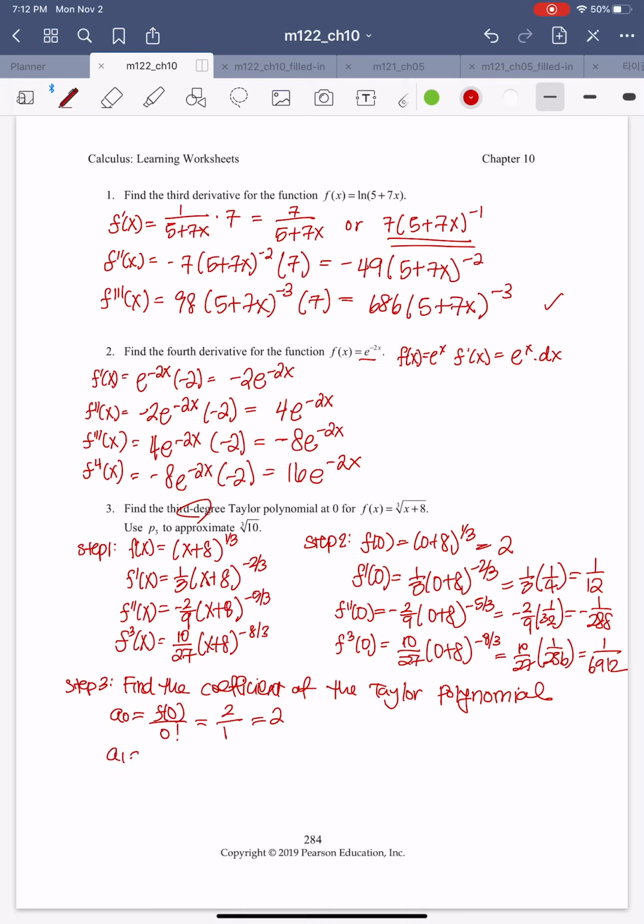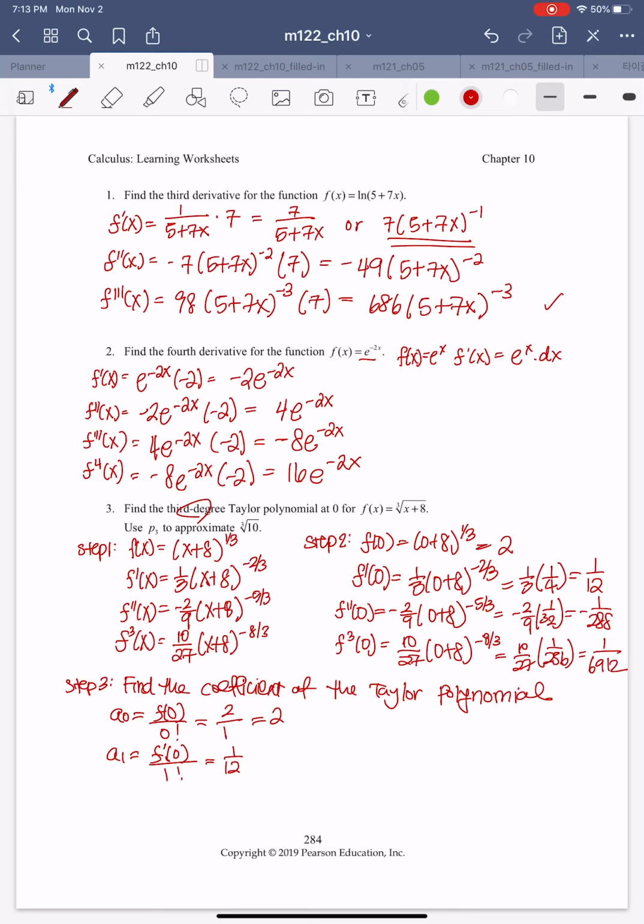A sub 1 is f prime of 0 over 1 factorial. So f prime of 0, we got 1/12 right over here. So 1/12 over 1, which is 1 over 12.